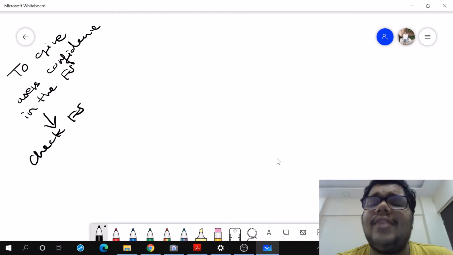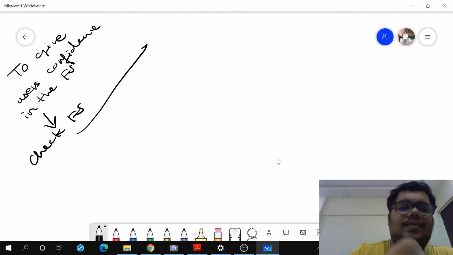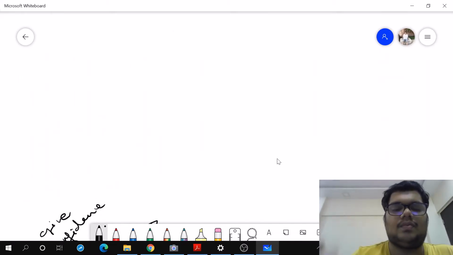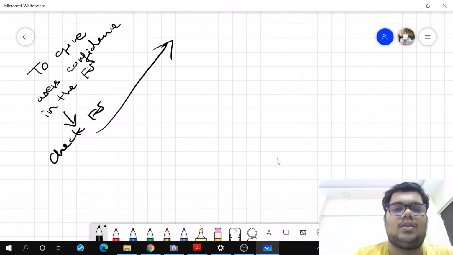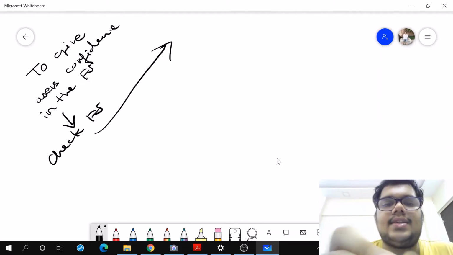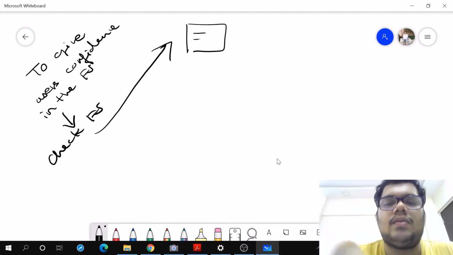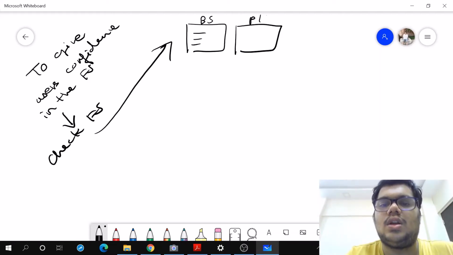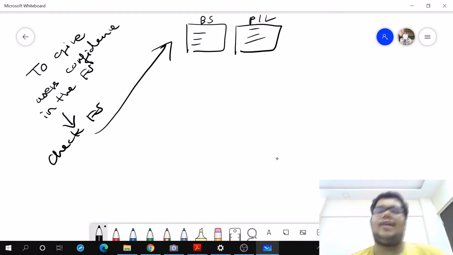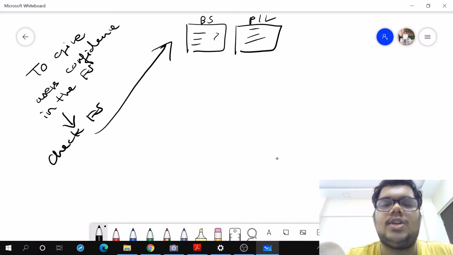Now, what does the FS comprise of? You have your balance sheet and you have your P&L. All these numbers will be there.